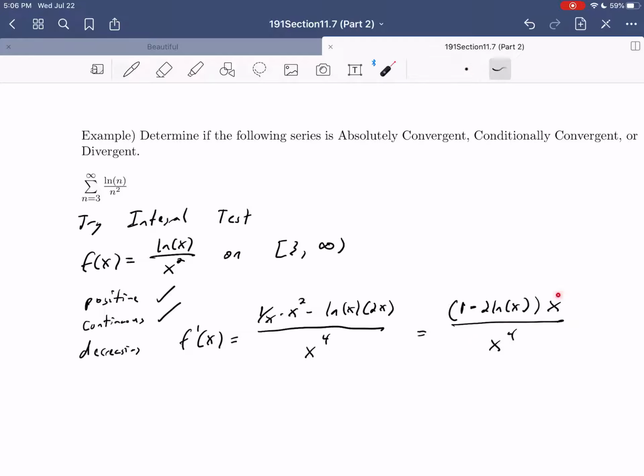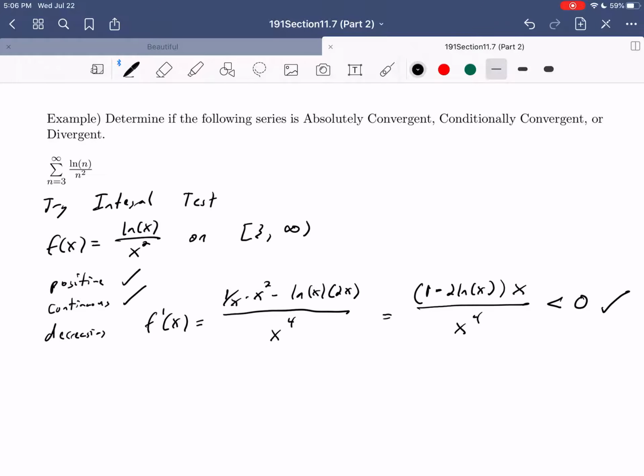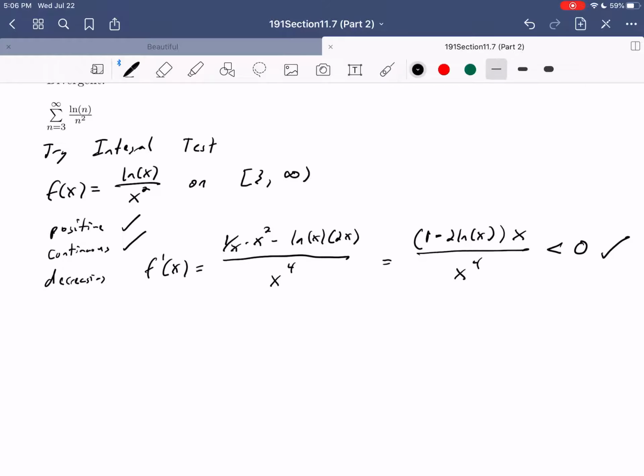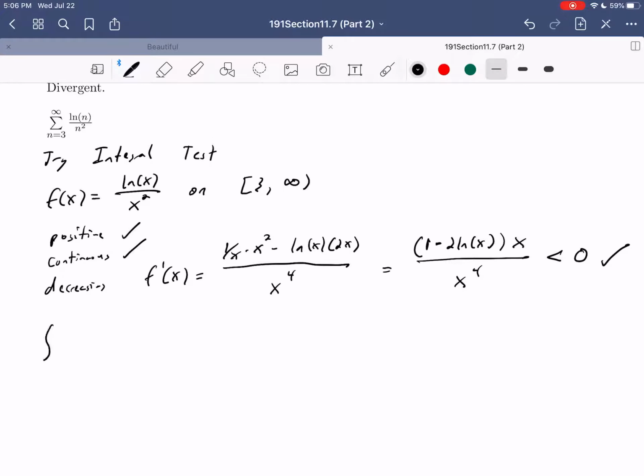What I care about is that this is negative, since x is from 3 to infinity, so overall, this thing is less than 0. So we now know that our function is positive, continuous, and strictly decreasing, so it's appropriate to apply the integral test. So we're going to examine the integral from 3 to infinity of ln x over x squared dx.